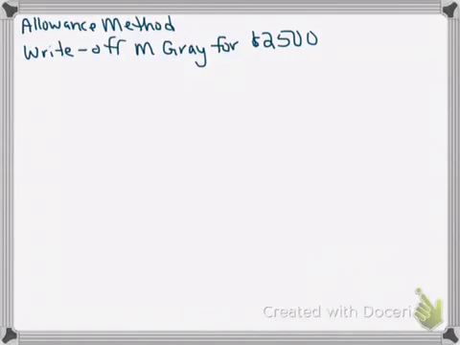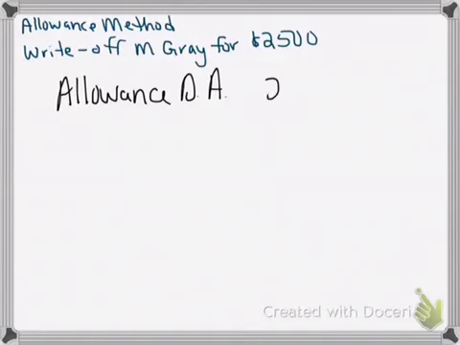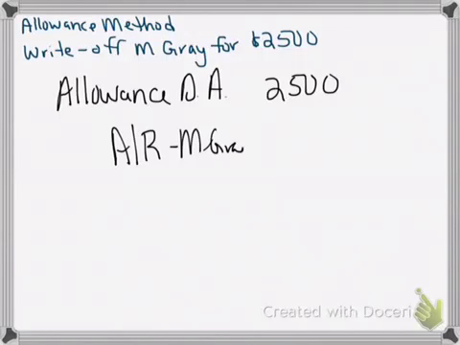And so what we would do here is we would write off her account, but we would use the allowance for doubtful accounts. So it would be allowance for doubtful accounts, and we would write off that $2,500, and then we would also write off her account. So we would write off M. Gray's accounts receivable for $2,500.